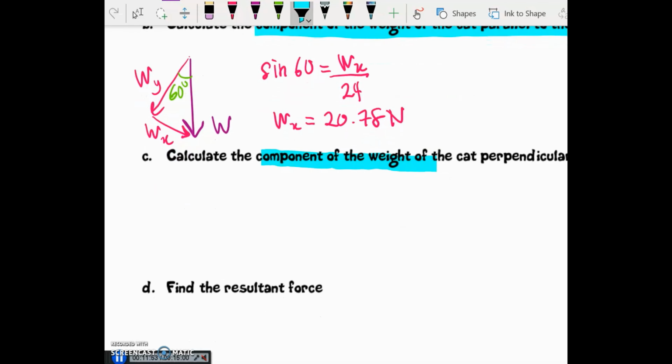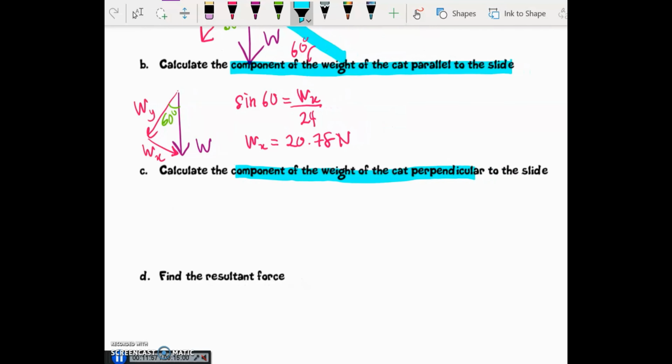Next, to calculate the component which is perpendicular to the slide. So the question now is asking for wy. So now you can use cos 60 equals wy over 24, and you will get wy equals to 12 Newton.